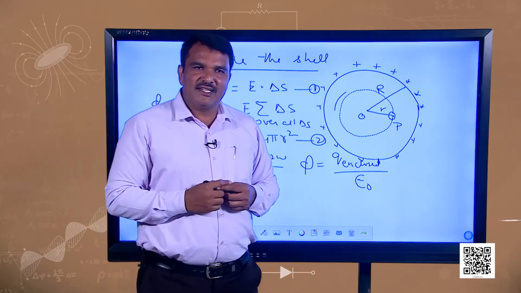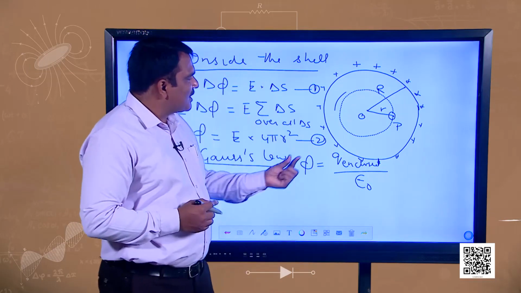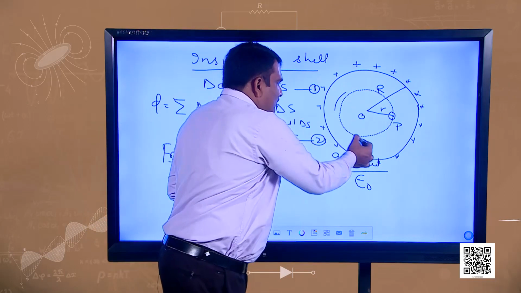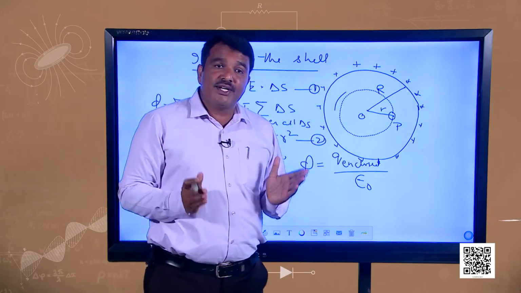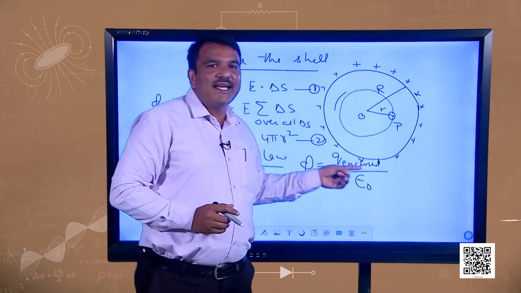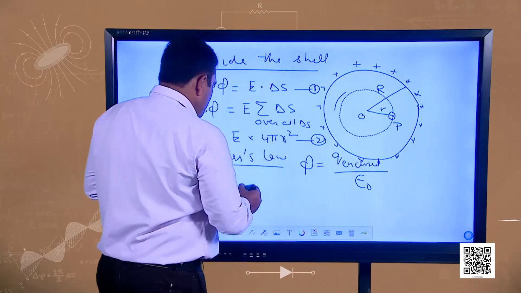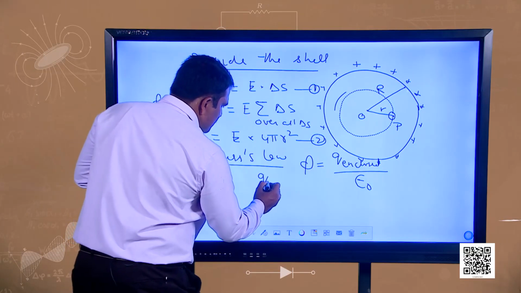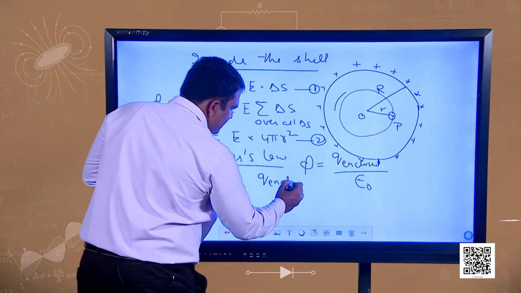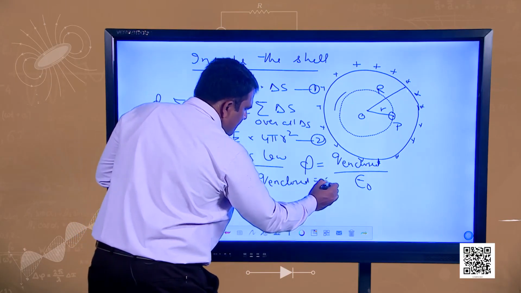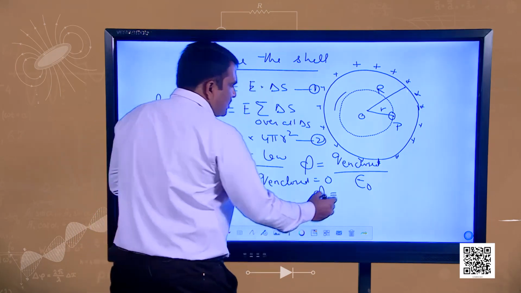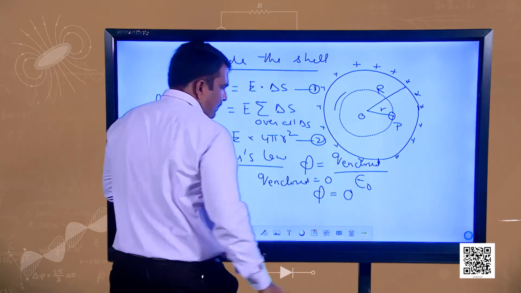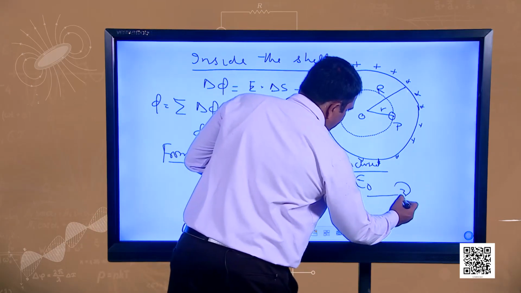Yes, you are thinking in the right direction. The amount of charge enclosed by this Gaussian surface is 0, because the whole charge is distributed on the surface of the cell. So, the flux passing through this Gaussian surface is 0. Let it be equation number 3.